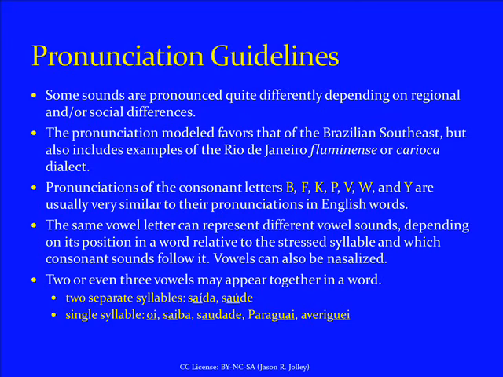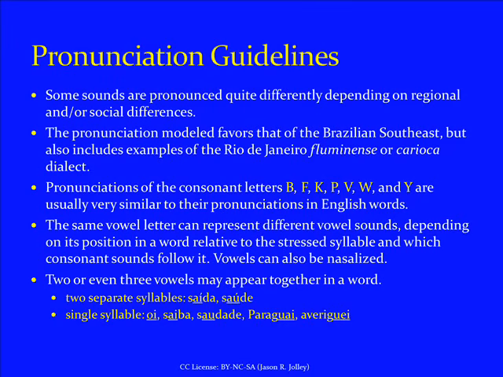The pronunciation of the consonant letters B, F, K, P, V, W, and Y are usually very similar to their pronunciations in English words, so they're usually easy. Keep in mind that vowel sounds are especially tricky in Brazilian Portuguese, so this is kind of a warning, a red flag. Why?